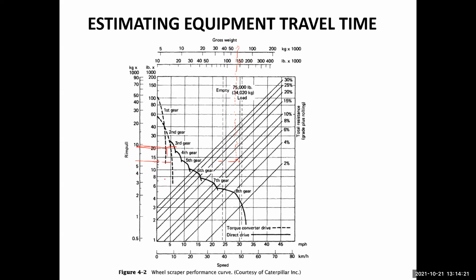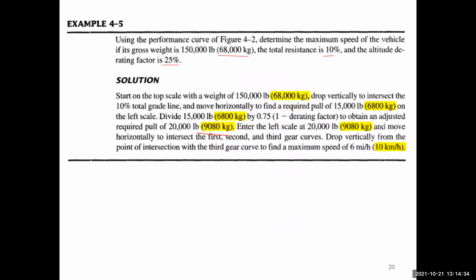From there, going downwards, we can see their speeds. At this weight level we can read the speeds over here. Move horizontally to intersect the first, second, and third gear curves.